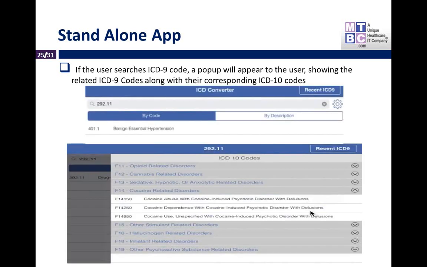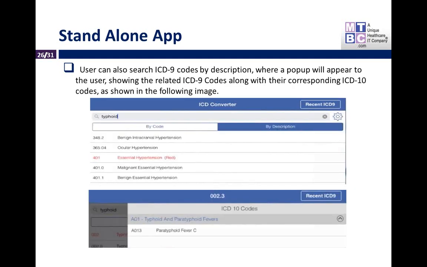More about the standalone app: the user can search ICD-9 to ICD-10 codes either by description or by code. A pop-up will appear to the user showing the related ICD-9 codes along with their corresponding ICD-10 codes.